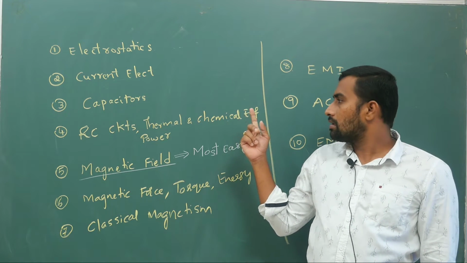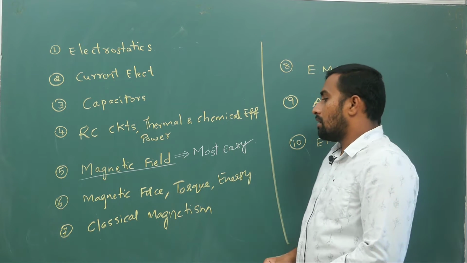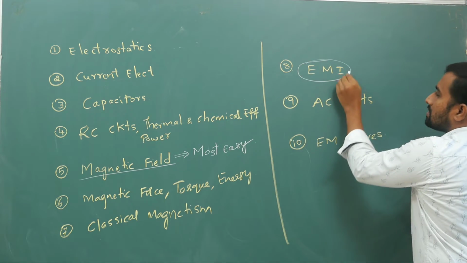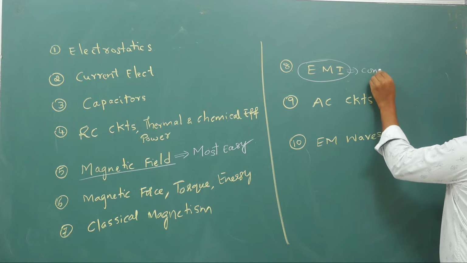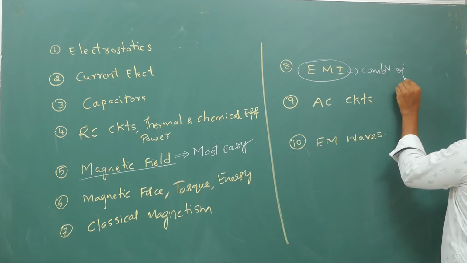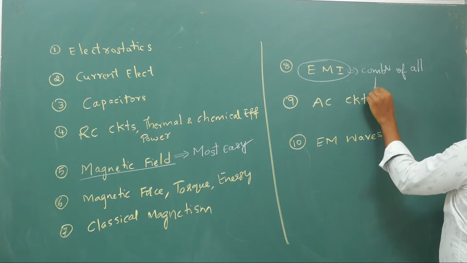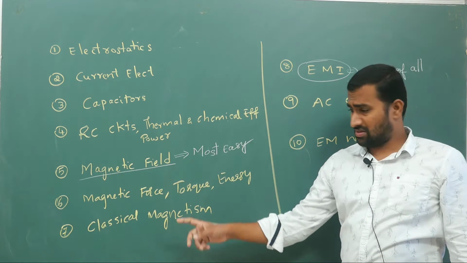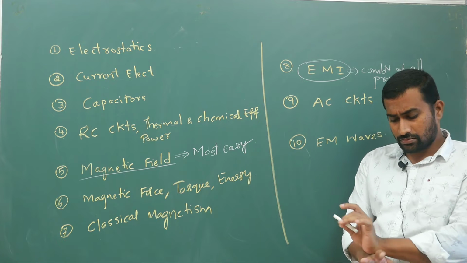But if you are learning the EMI chapter, this chapter is a combination of all previous chapters. Whatever you have learnt previously, all these chapters except classical magnetism.